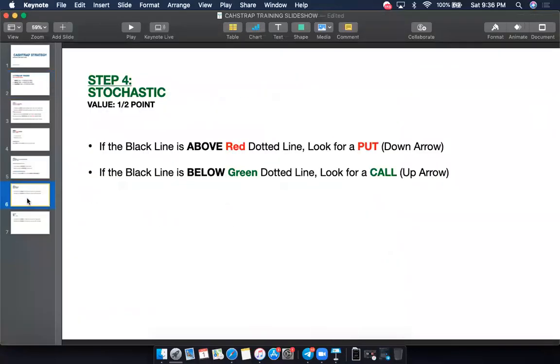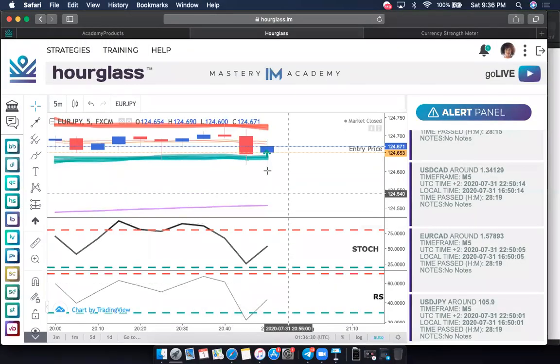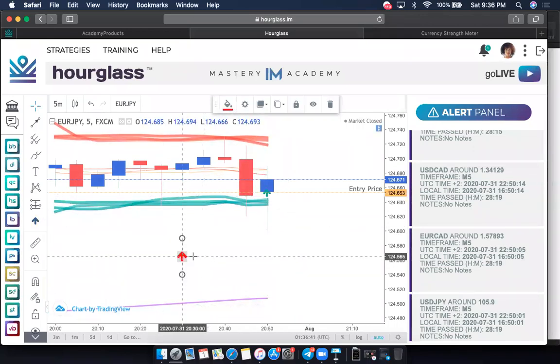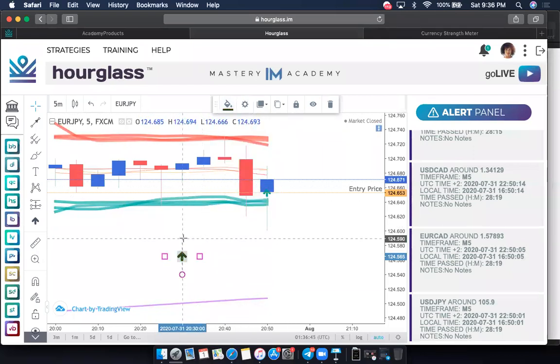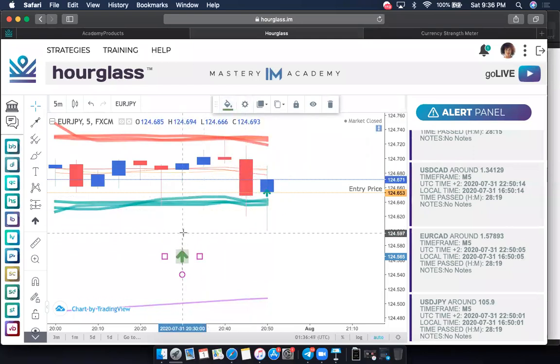Now, for your entries, you want to enter at the bottom of an up arrow. All right, so let's say you have an up arrow right here. This is your up arrow.